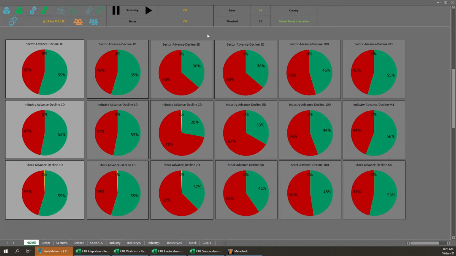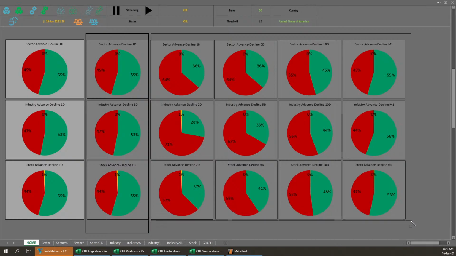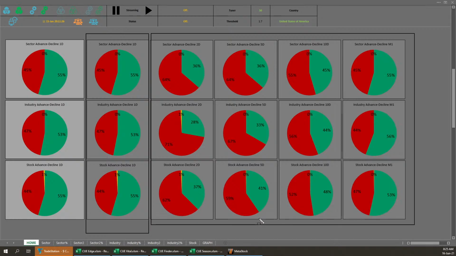And now if you see, that statement is true even more. Yesterday was a mixed day, but see the other periods, 2 day, 5 day, 10 day, even 1 month, not showing the bullishness that one would expect from SPY QQQ making new all-time high.